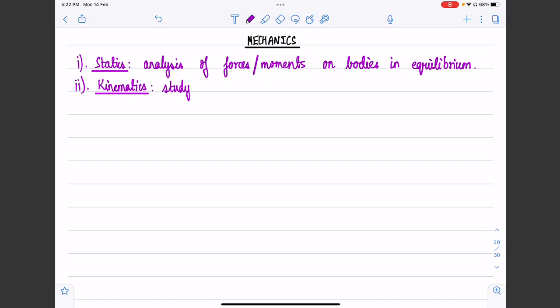Rather, we are only going to consider the displacement, speeds, and accelerations. That's what we do in kinematics. So kinematics deals with the study of motion of bodies without considering the cause for the same.